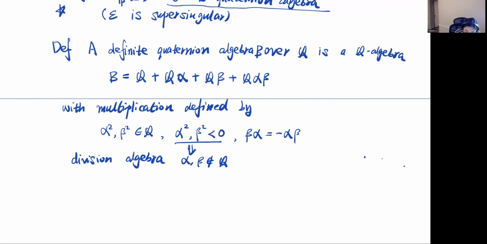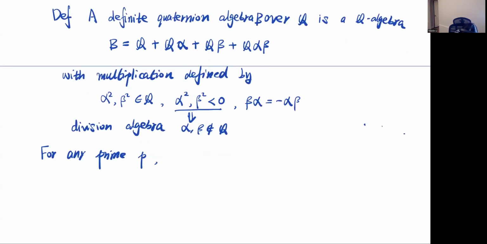Moreover, for any prime p, if we tensor B with Qp, we will get a Qp-algebra, and this Qp-algebra has two possibilities.